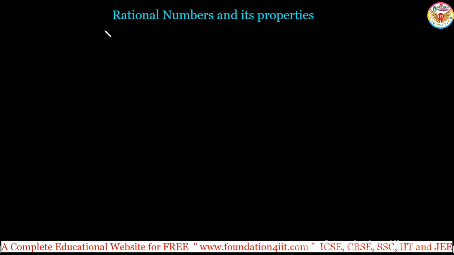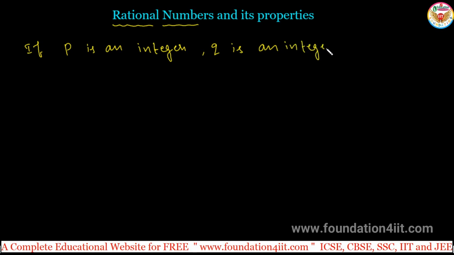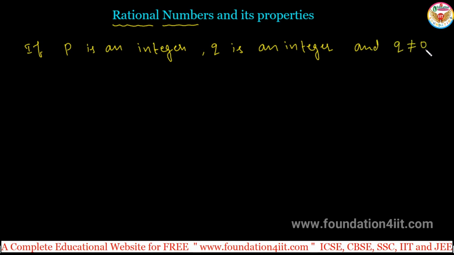First, how to define a rational number? Let p be an integer. Integers we already discussed previously, right? p is an integer and q is another integer, and here the rule is q is not equal to 0. q is non-zero.